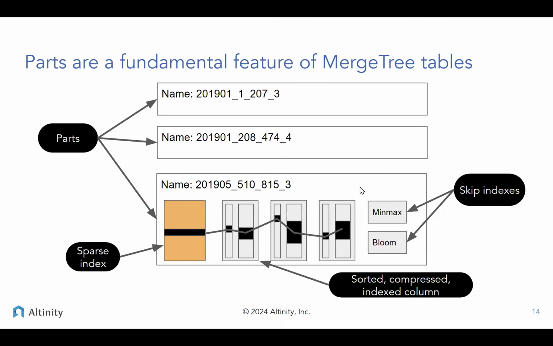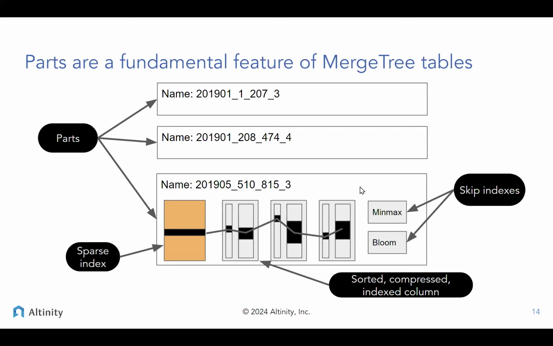Before we do that, I'd like to explain a little bit about what parts actually are, because they're a really critical part of ClickHouse tables, and it's important to understand what they are and why they are there. In large databases, particularly analytic databases, we partition the data, which is to say that we divide the table into pieces that can be treated as essentially independent for the purpose of query as well as managing the data.